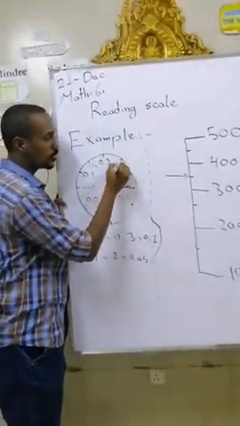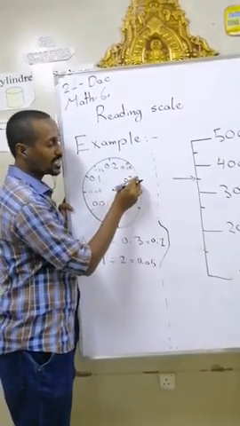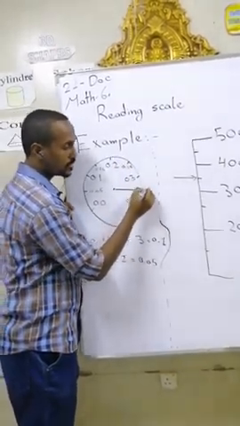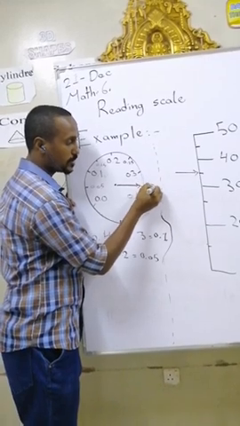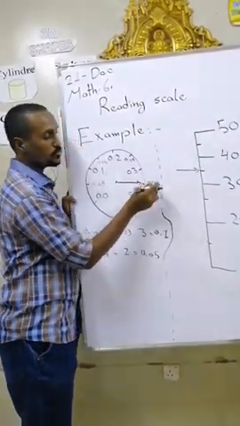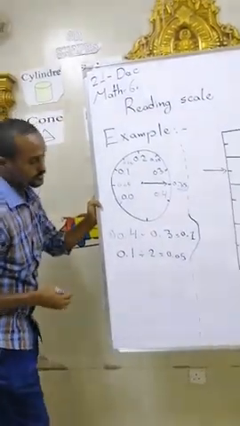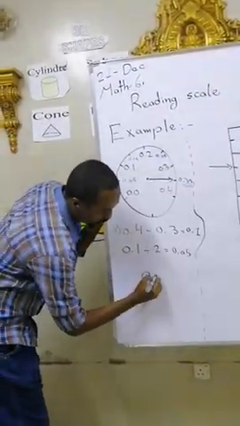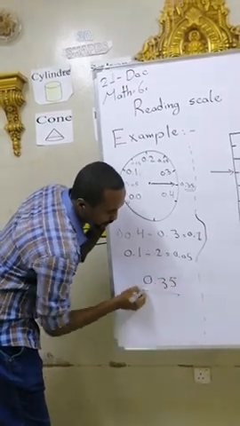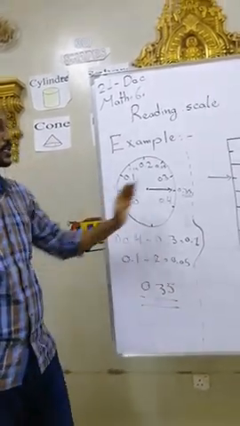Then 0.25, 0.3, 0.35. That means every time we add 0.05. The answer is 0.35. Here, the same thing.